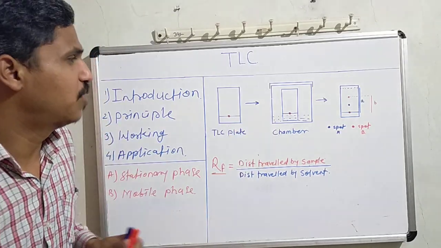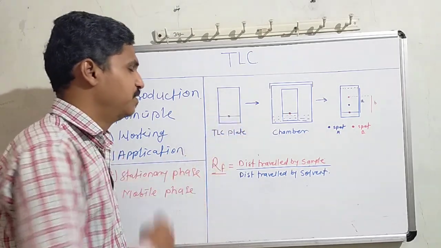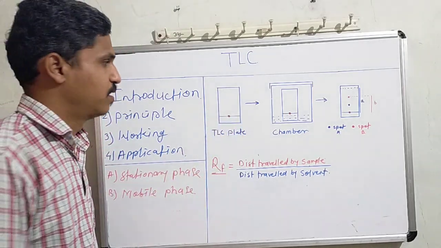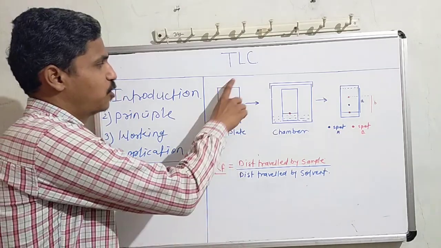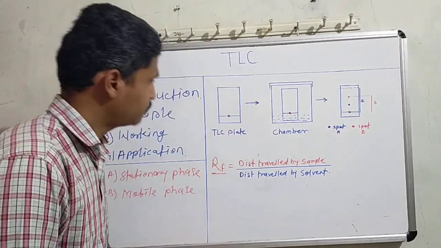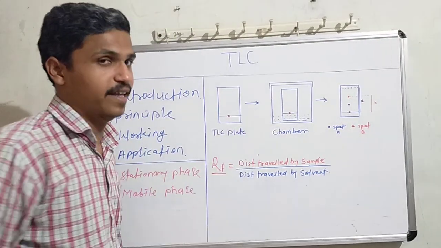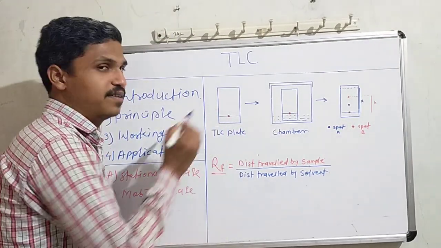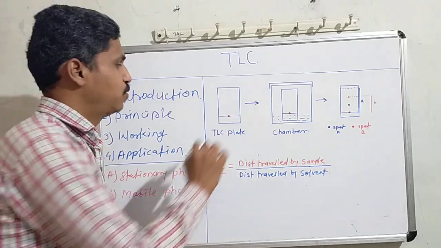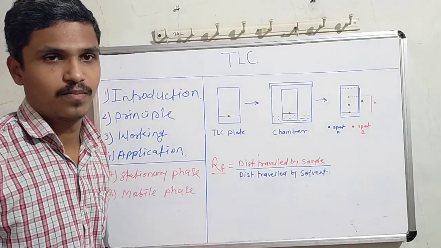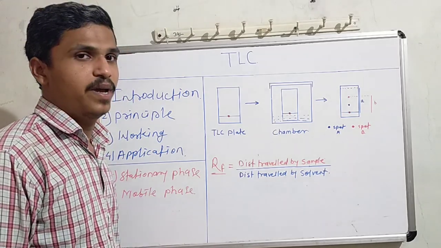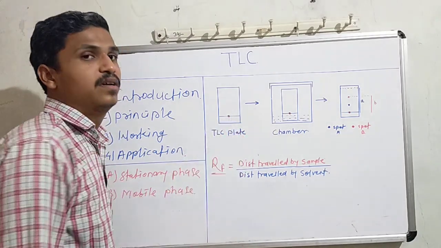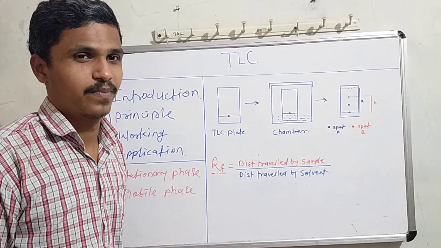First, we have to take the rectangular form of these TLC plates. On these rectangular TLC plates, one is the top line, and the second is the base line. From this base line, 1 centimeter above, you have to draw a parallel line with the help of a pencil, and also make a spot at the center of the parallel line.